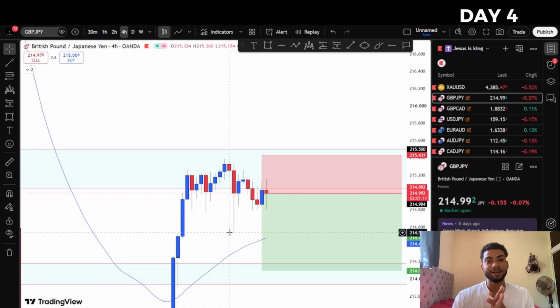The only way that I could close at break even is if it's, for example, Friday and I don't feel comfortable with holding a position throughout the weekend, then I could close. But I don't move to break even because I already accept the risk and I'm okay with losing this position.